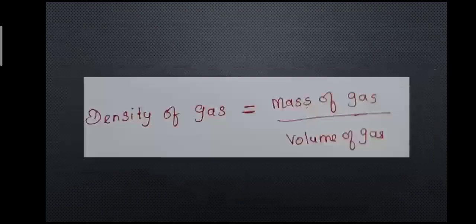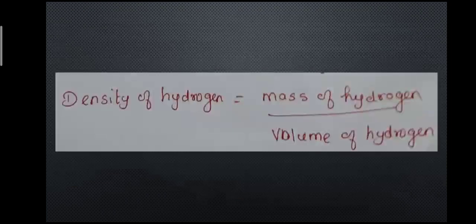Now the definition we will write. The density of the gas is equal to mass of gas divided by volume of gas. The density of hydrogen is equal to mass of hydrogen divided by volume of hydrogen. With this we are going to write the definition of vapor density.